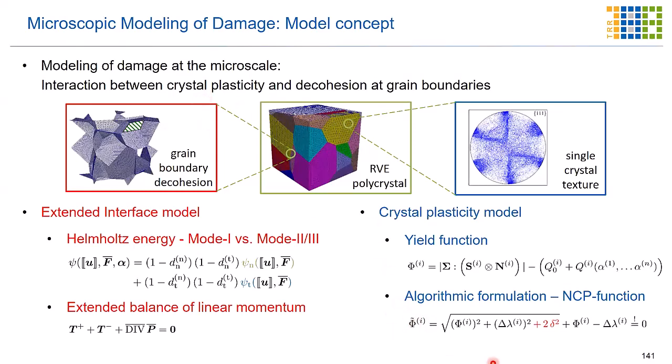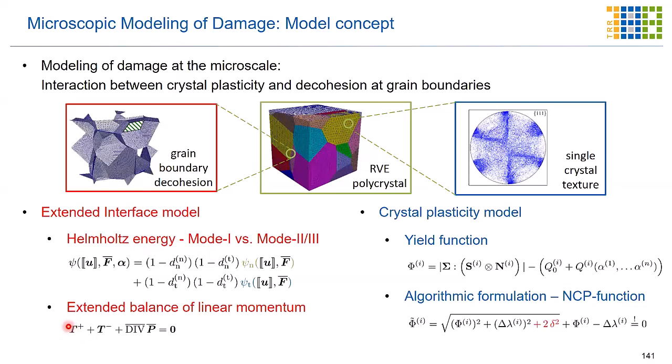And for the interface, you then have another energy, where you have a displacement jump, for instance for opening interfaces, and the deformation gradient of that interface, with internal variables like the damage, for example, in normal or tangential direction. So you have again a damage variable, not only in the bulk but also at the interface, with different directions between the grains, how they interact, and with an extended balance of linear momentum here.